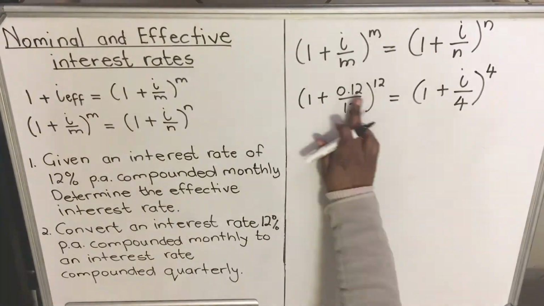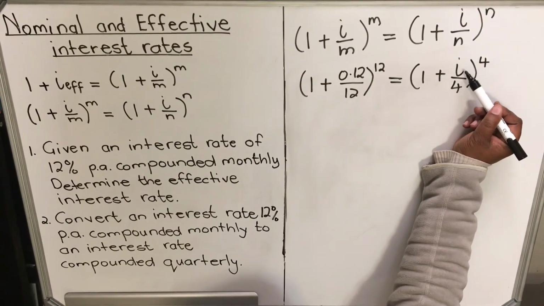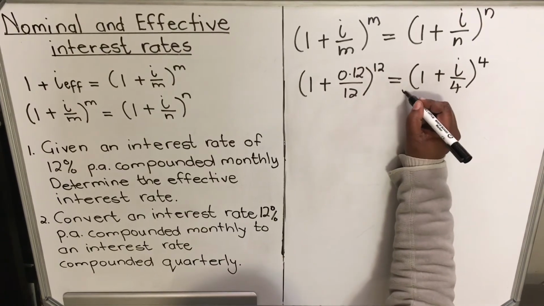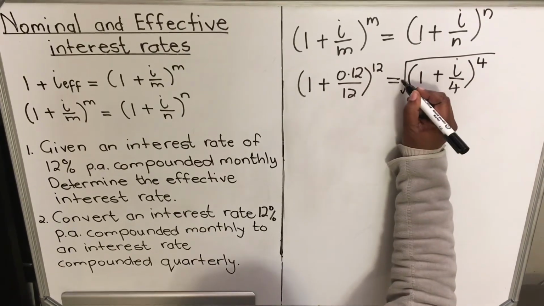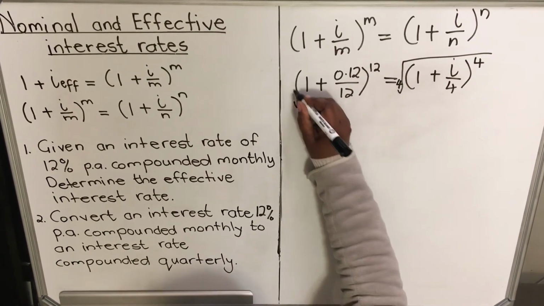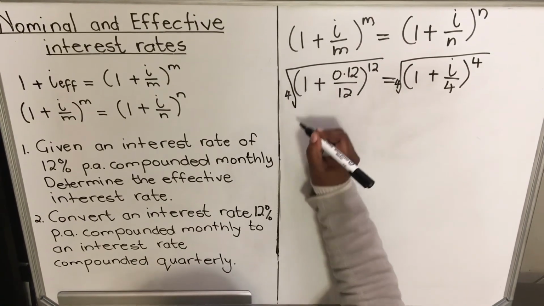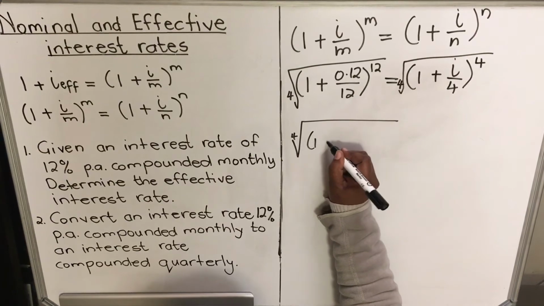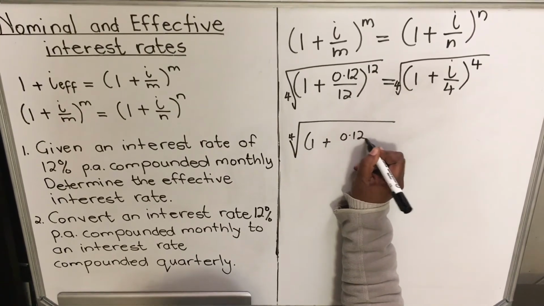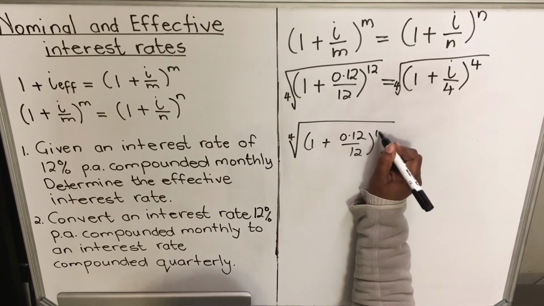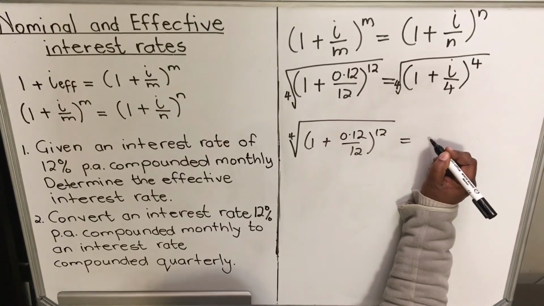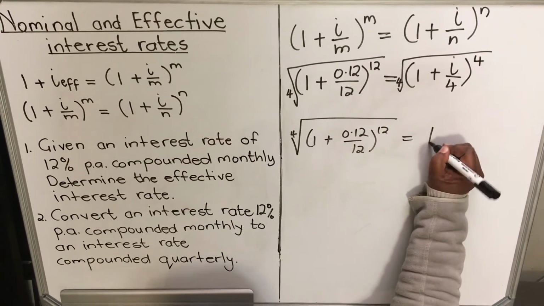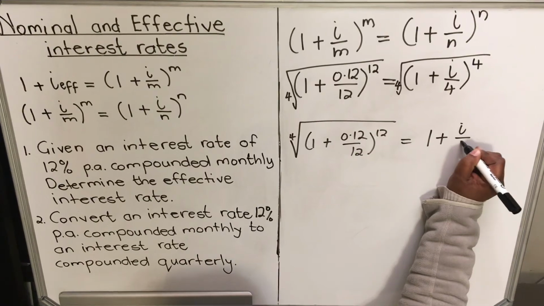So let's use a calculator. We want to leave the I, so we're going to try to take everything away. We're going to start by getting rid of the power of 4 by taking the fourth root on both sides. So here we're going to have 1 plus 0.12 divided by 12, to the power 12 over 4. Then we'll be left with 1 plus I divided by 4.